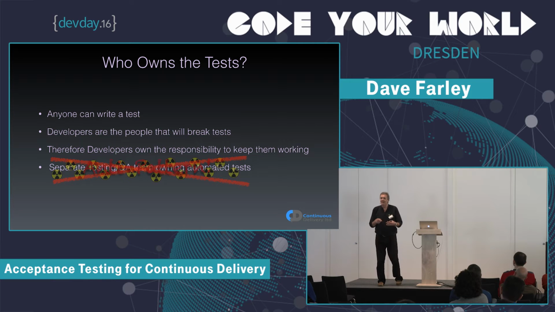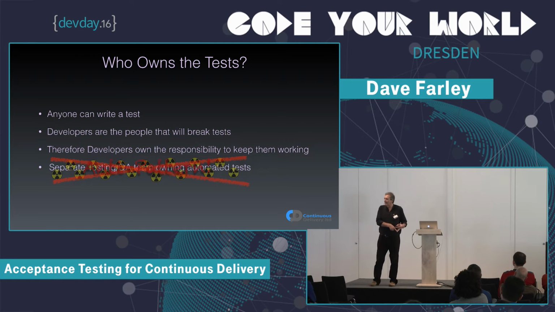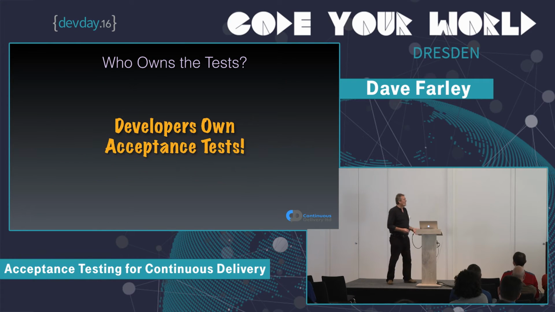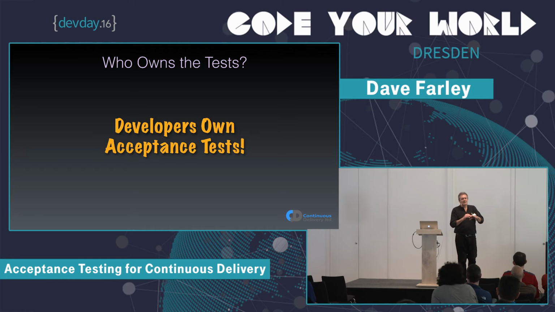But more importantly, they are going to be the best place. They've just made a change, they've just committed it, it's just been evaluated, it's just failed. They're going to know what's going on. They're going to be able to figure out how to fix this more efficiently than anybody else. So I would argue very strongly that as soon as the tests start running, the developers own the responsibility for them.